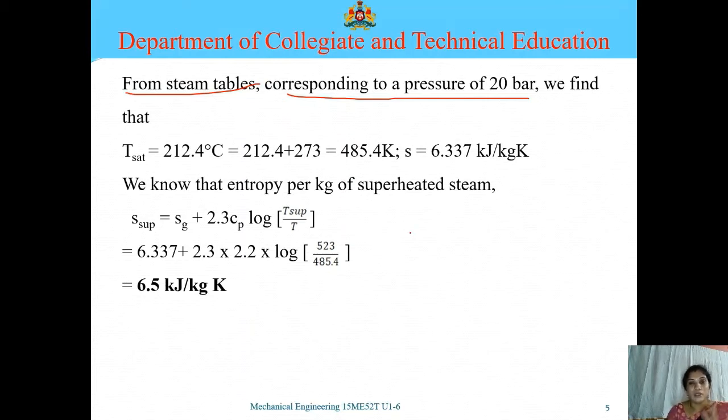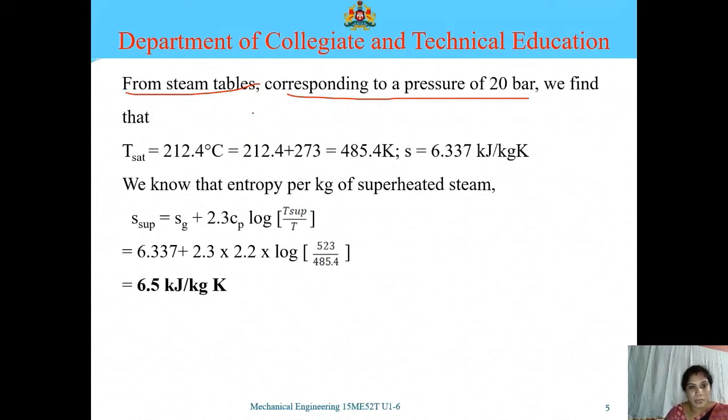I think now you have the steam table with you, right? I'll try to solve the problem because I have not scanned any steam table sheet on this particular slide. So I'm telling you, whenever you want to watch this video, please carry a steam table book along with you. Okay.